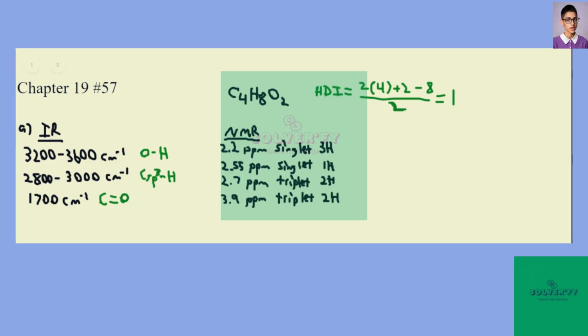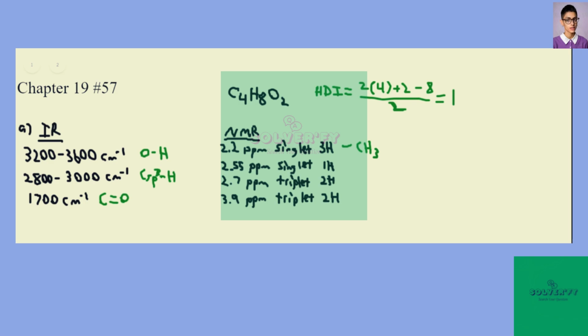So we have a 2.2 ppm singlet that integrates to 3. And so this is probably a methyl group, CH3. We have a 2.55 ppm singlet that only integrates to 1.